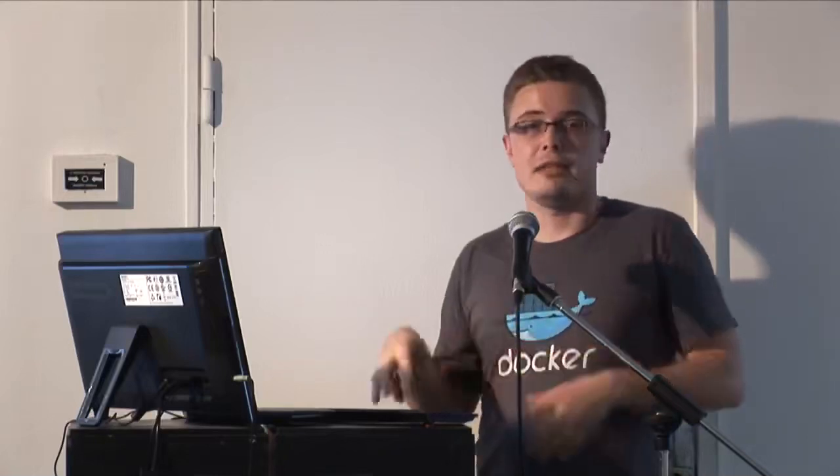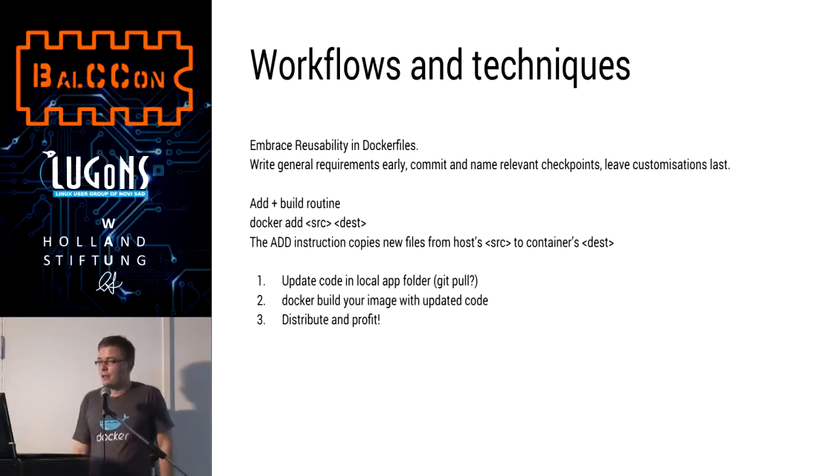The second one is the preferred workflow, as it leverages containers and modularizes. Each service that you need, you could run in a separate container and then just link them. And you need to embrace reusability of Docker files.